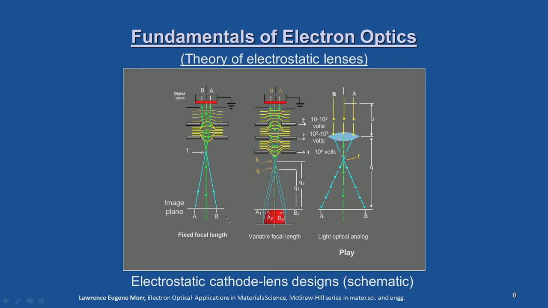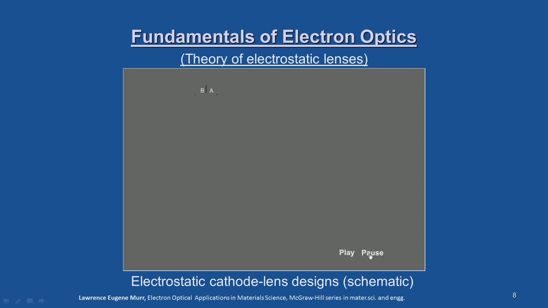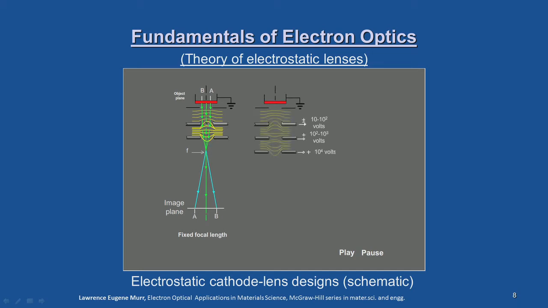I can play this schematic for you just to have a better grasp of the concept. You see the electrostatic lens, and the electron beam enters into this electrostatic field, and you see that the focal length F is fixed in this situation.